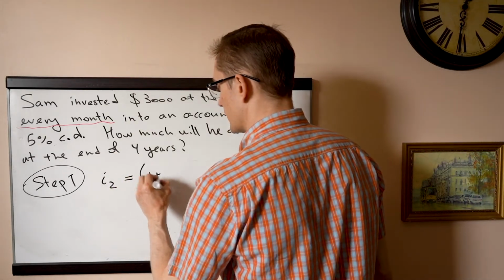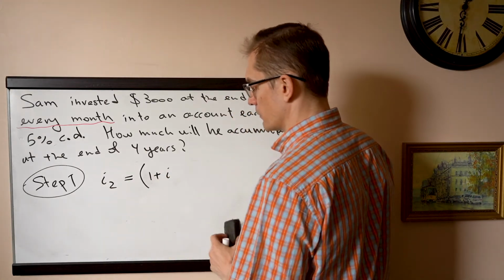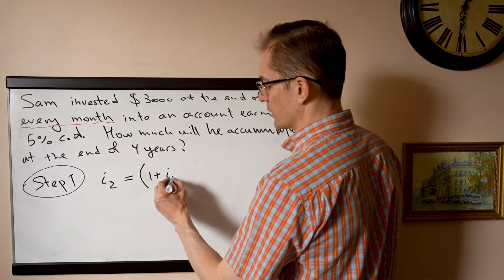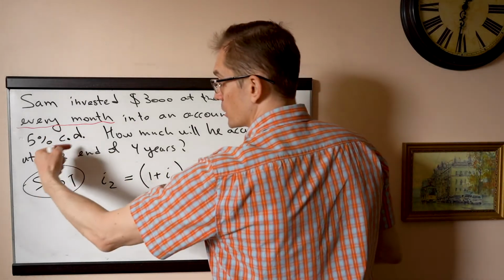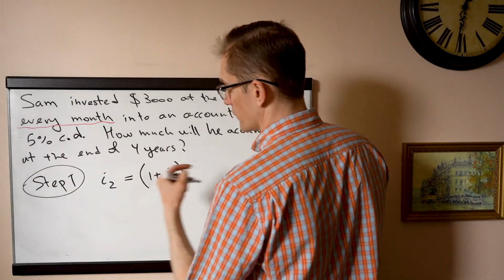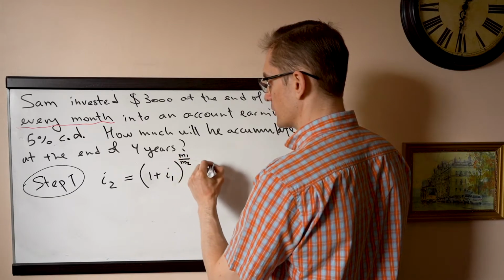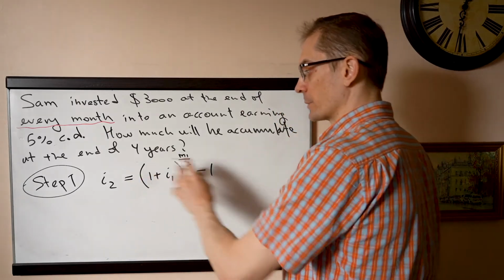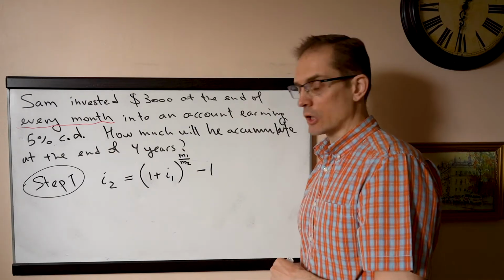I'll remind you that the calculation of I2 is 1 plus I1, which in this case is the initially given rate, but a periodic version of that rate, raised to the power M1 divided by M2, minus 1. That's the formula we already discussed when we talked about the topic of equivalent rates.